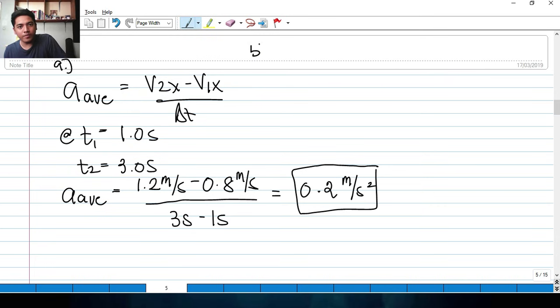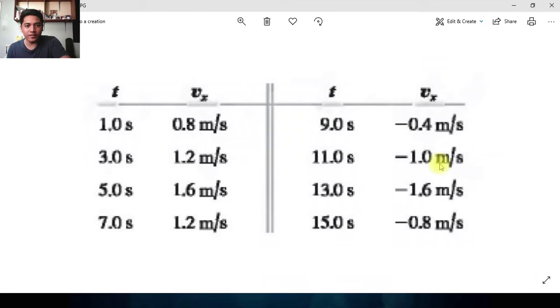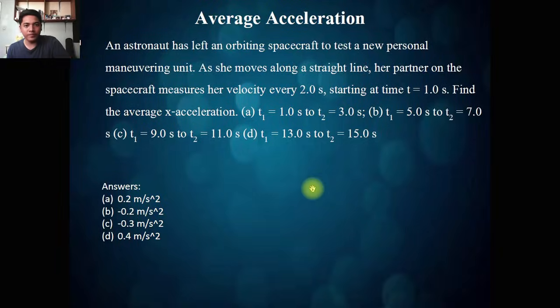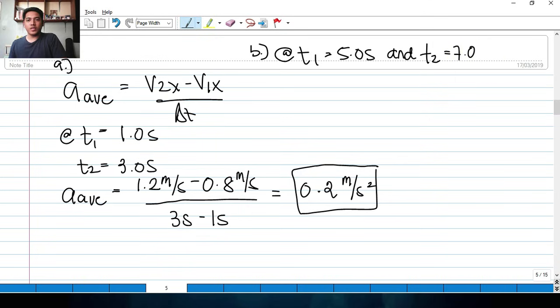How about for letter B? For letter B, the problem is asking what is the average acceleration between t sub 1 equals 5 seconds and t sub 2 equals 7 seconds.